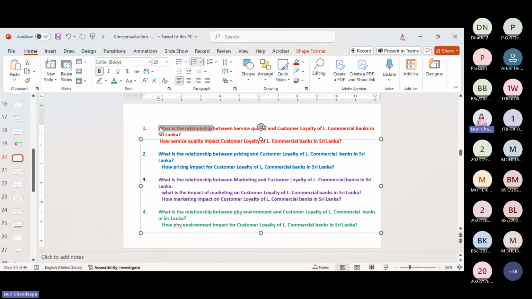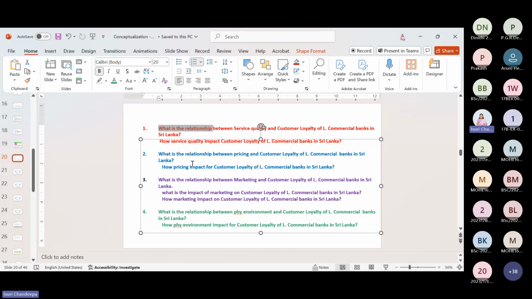The first question is what is the relationship? The second question is what is the impact? Likewise, you can't develop the questions. If you started with what is the relationship, you have to write down the other questions the same way: what is the relationship, third one also, fourth one also.